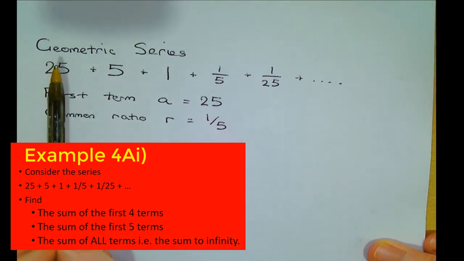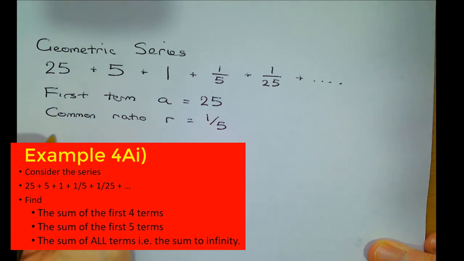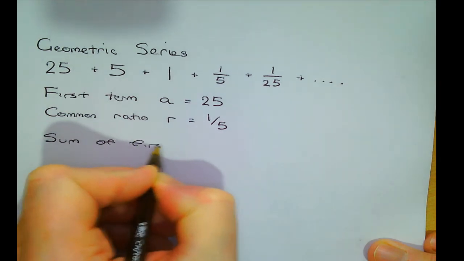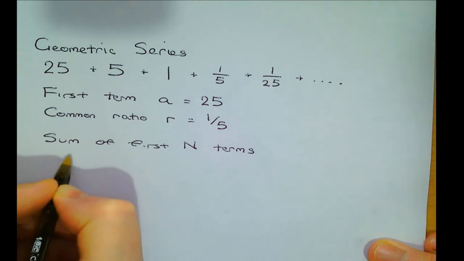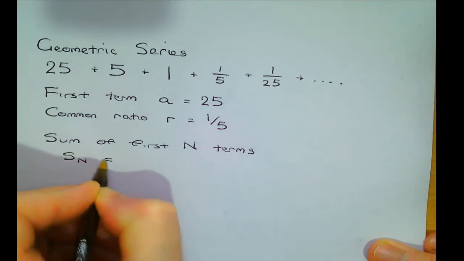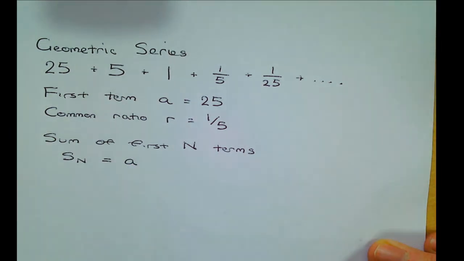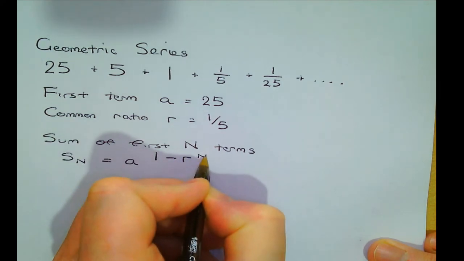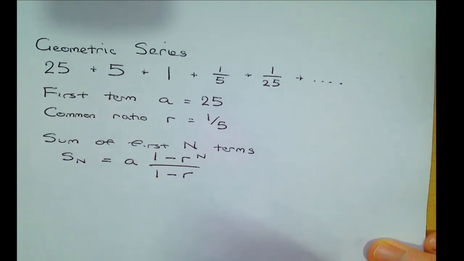Now we're in a position to find the sum of the first n terms. We'll call it Sn, the sum of the first n terms. A well-known formula for this is a times 1 minus r to the n, over 1 minus r.